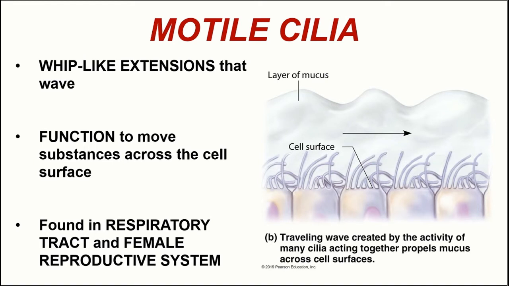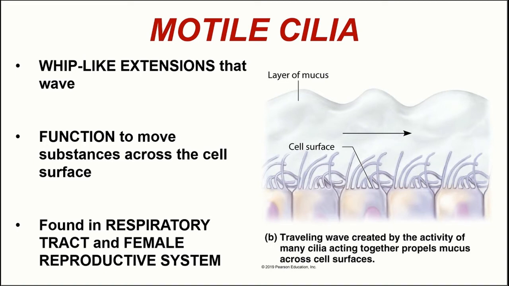They're found in the respiratory tract, like the trachea, where they function to propel mucus that has captured any kind of dust, dirt, or bacteria. And they move that mucus up the trachea away from the lungs. So that way that material does not make its way to the lungs, where it could potentially cause infections, or it could potentially interfere with normal lung function.